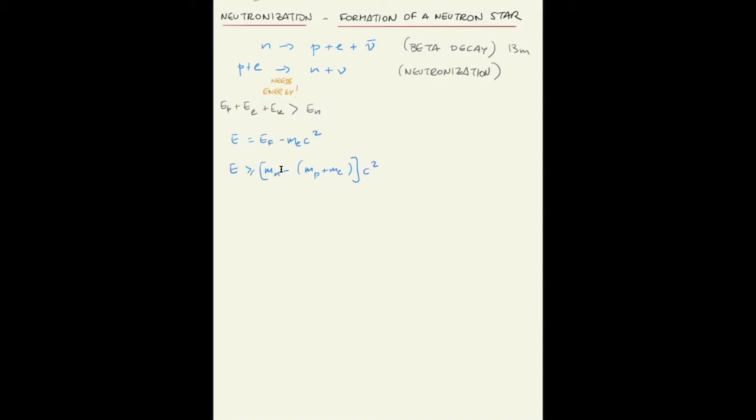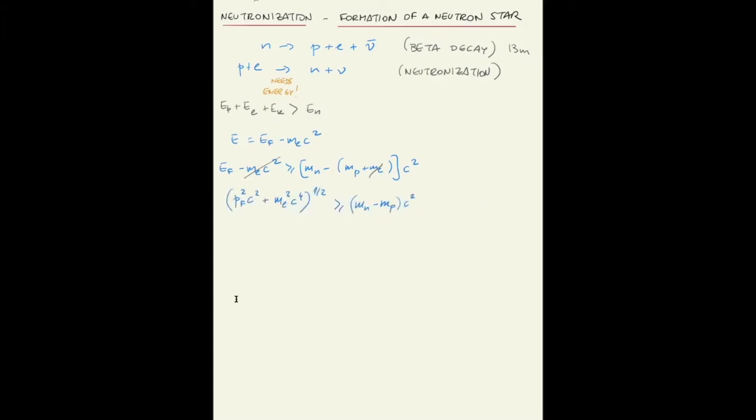Now, if you write the Fermi energy in terms of the Fermi momentum, this becomes Fermi energy minus the rest mass of the electron must be bigger than this. Now you can remove the rest mass of the electron on both sides and now write the Fermi energy in terms of the momentum.